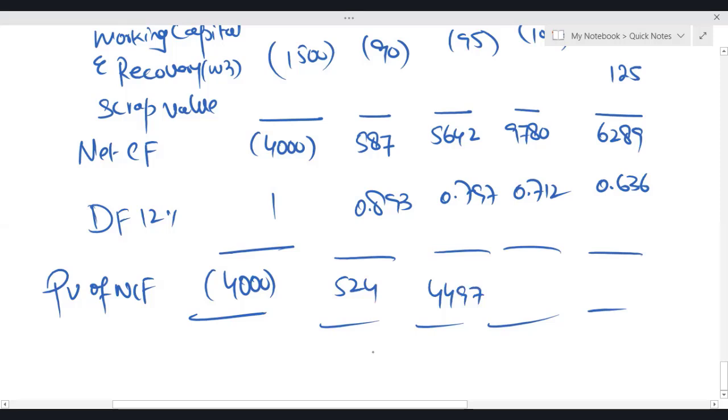Okay. What is the third one? Third one is students are saying 6962. Okay. And the last one, 3996. Let's see. 9780 into 0.712. That's just perfect.